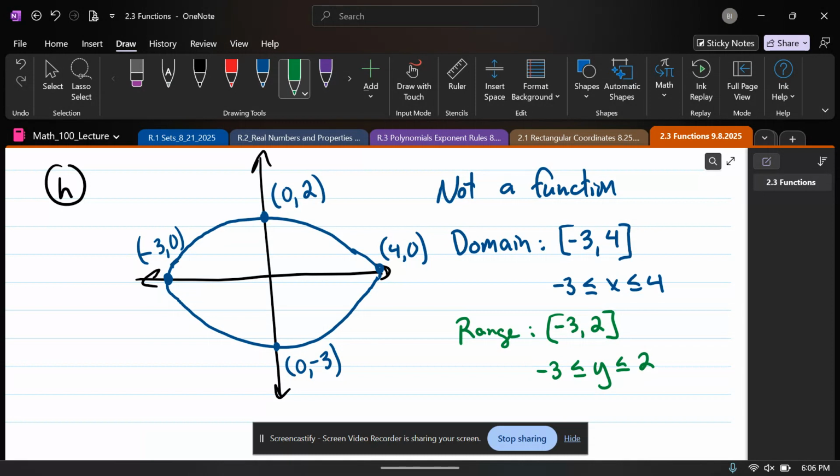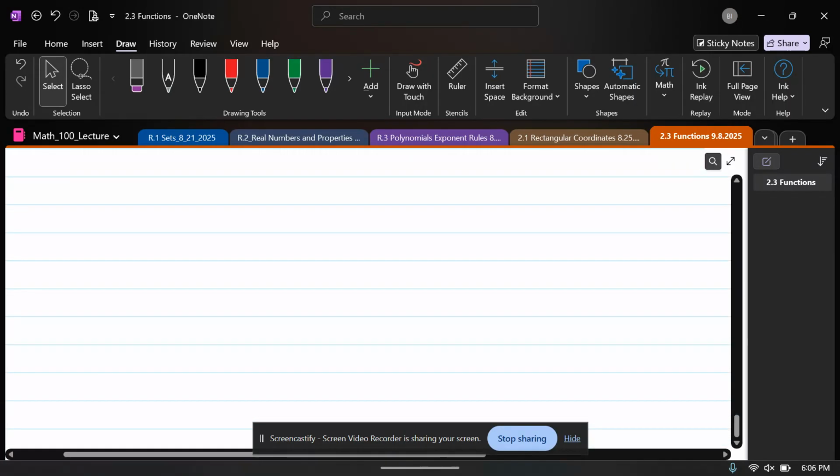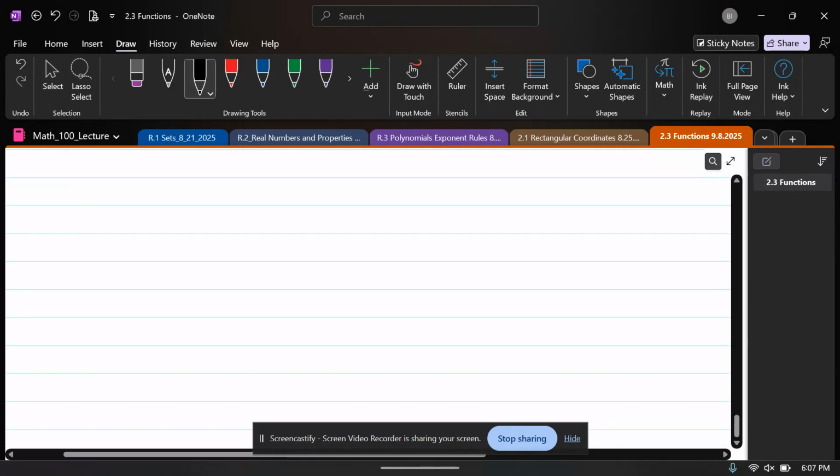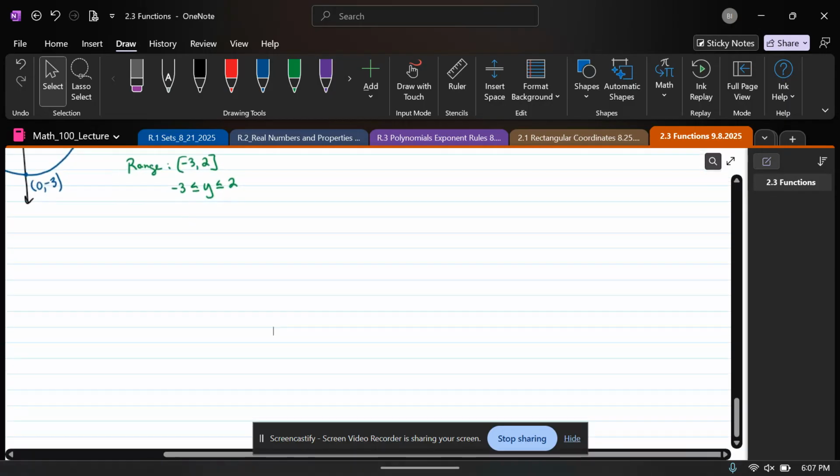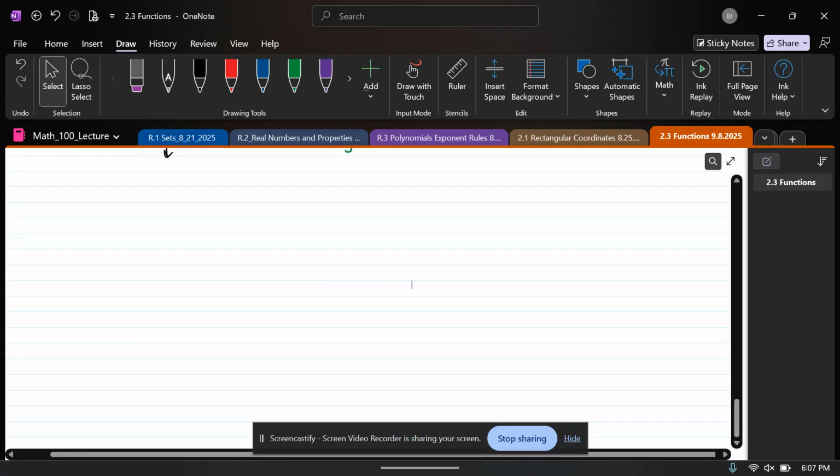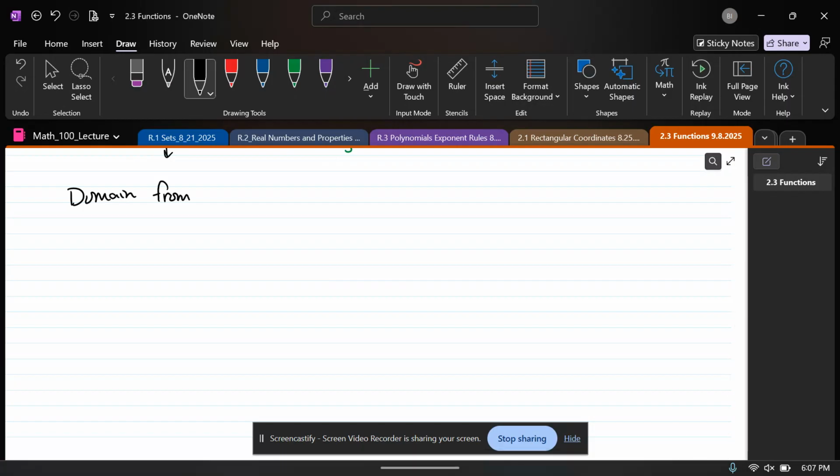All right, so equations. Let's look at domain from equations. So same section, it's a different kind of topic here. Domain from equations of functions.